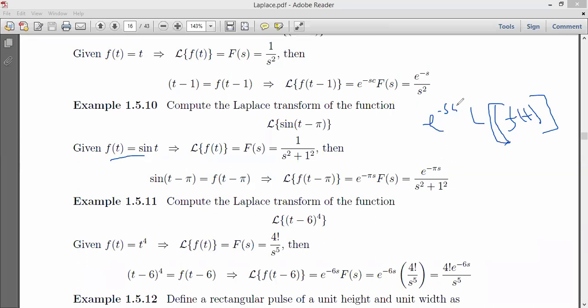So the c is the pi, that is e to the minus pi s, then the F(s), but remember we have already computed the F(s) of sine t. This one we already know. Then you just substitute it here and you come up with the answer, which is that one. We can now leave that one alone. We don't have to dwell much on that because everything is now obvious from the derivation.